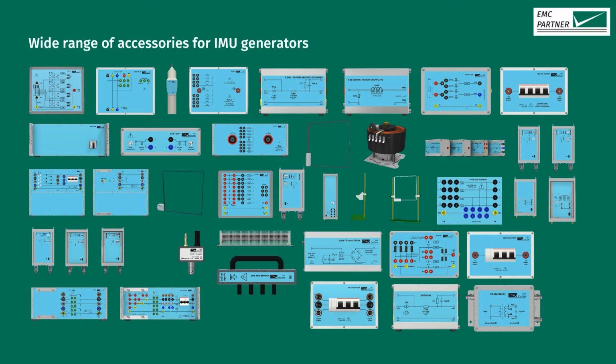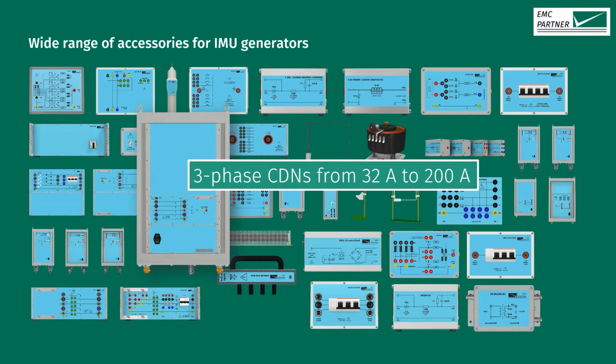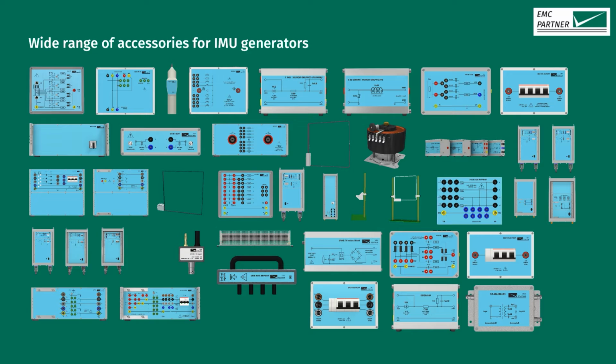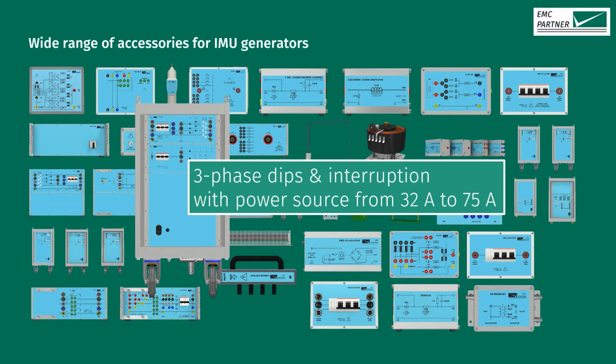To address other test requirements, the IMU generators can be extended with a wide range of accessories. 3-phase CDNs from 32 amps to 200 amps, 690 volt AC and 1500 volt DC. 3-phase dips and interruption with power source from 32 amps to 75 amps.